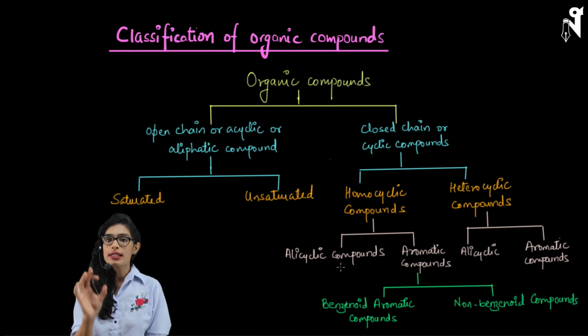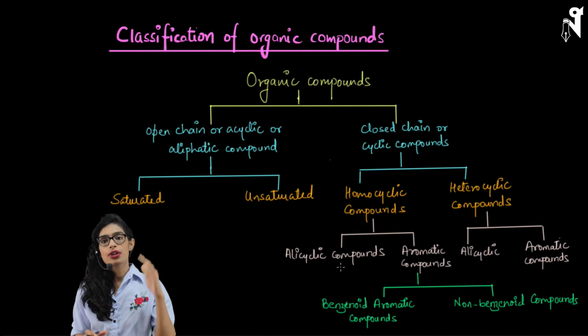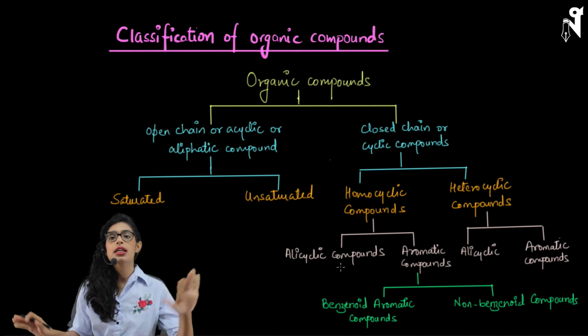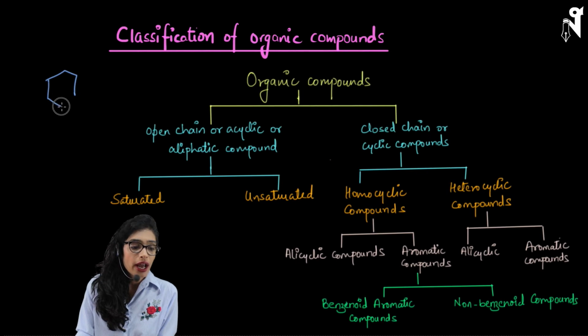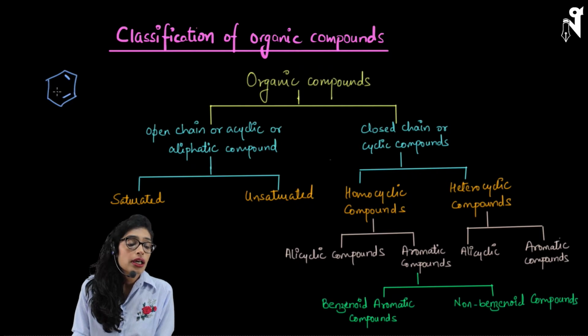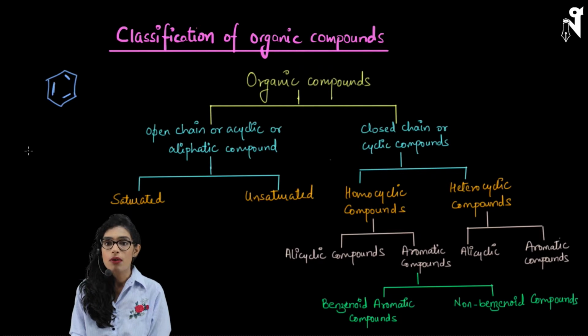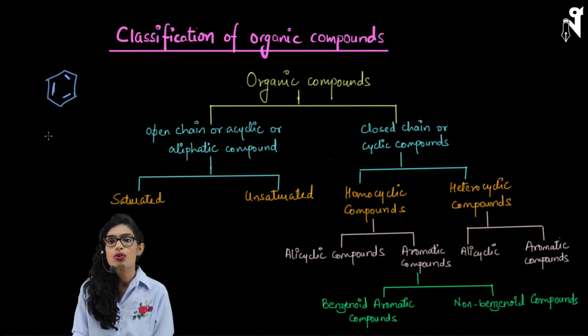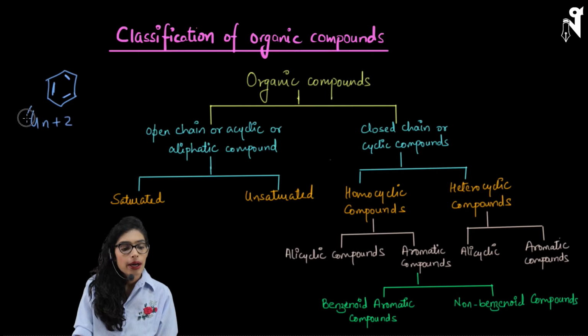So first, let's understand what an aromatic compound is. We cannot understand it in much more detail, but still I can give you a slight idea about it. We will be talking about it in a lot of detail going forward. Aromatic compounds are compounds which have a specific arrangement, and that arrangement is like benzene or benzene-based structures. Or you can say there are a few compounds which you will find having 4n plus 2 pi electrons.